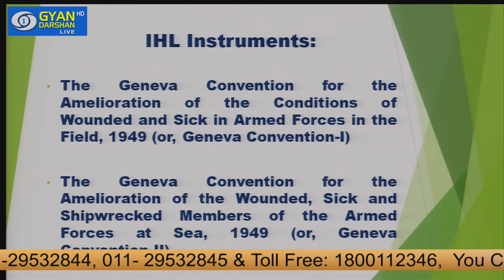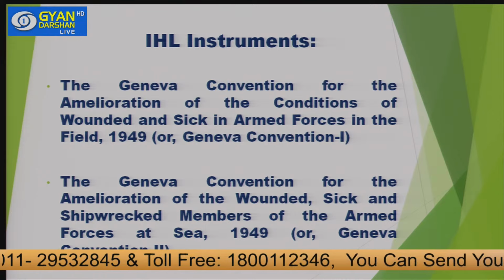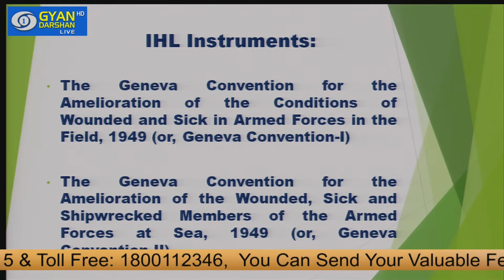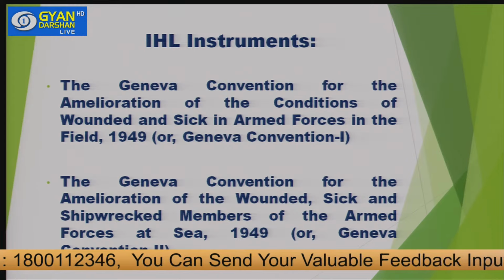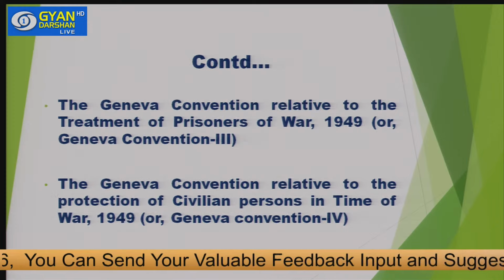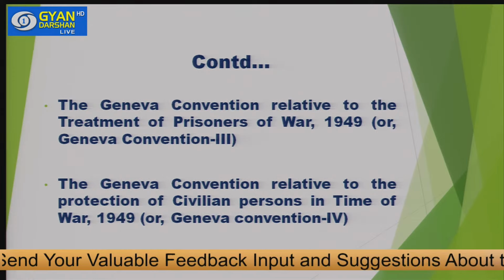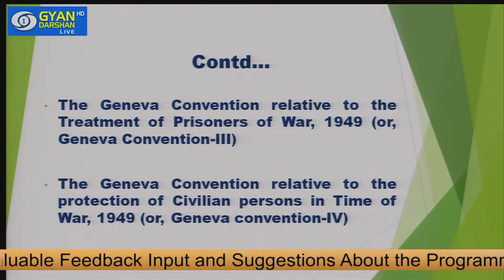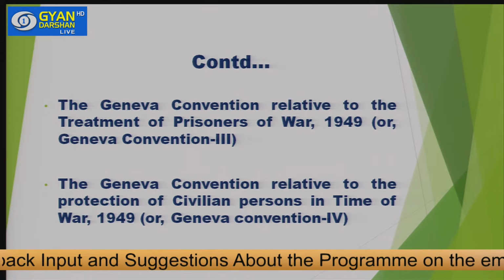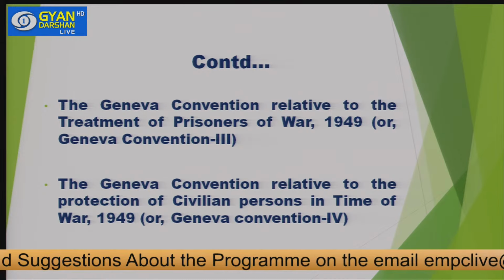So the first convention was a Geneva Convention, which is related to land warfare, and the second convention is related to the warfare in the sea. Both these conventions contain almost analogous provisions.